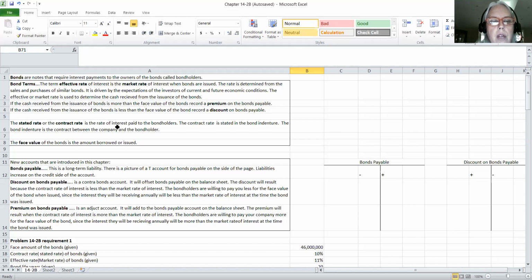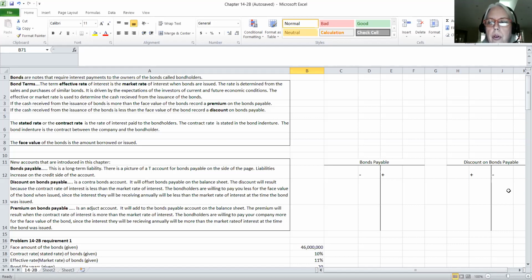That's the amount of interest actually written in the contract to the bondholders when we sell the bonds. If there's a difference between the stated rate, or contract rate, and the effective rate, or market rate, then the bonds will either sell at a premium, for more than the face value, or they will sell for less than the face value, and we call that a discount.